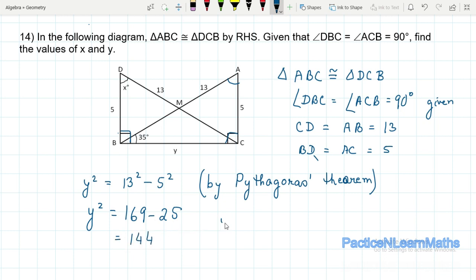So y is equal to root over 144, which is equal to 12. So the value of y is equal to 12.